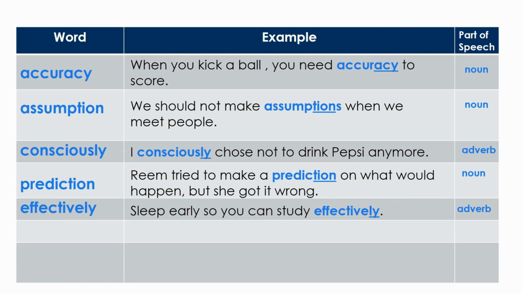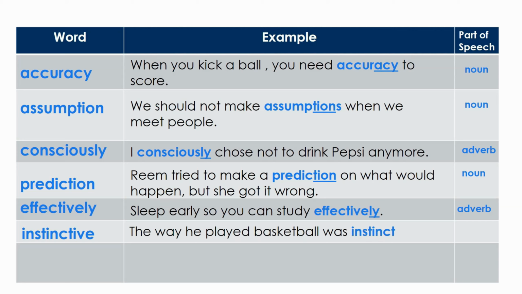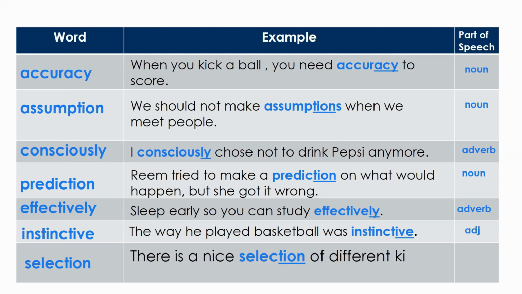This is an adverb, -ly. Instinctive. The way he played basketball was instinctive. -ive. It's a sign of an adjective. And finally, selection. There is a nice selection of different kinds of sweets in the shop. -tion, selection. This is a noun.